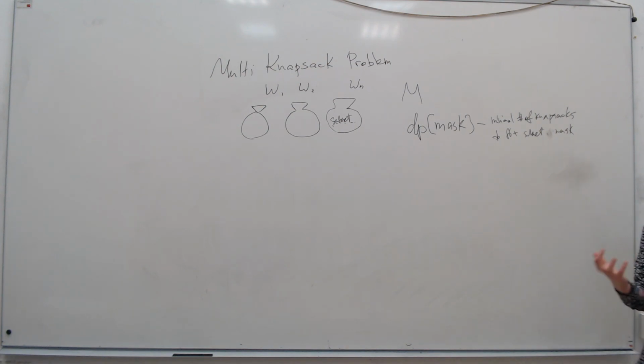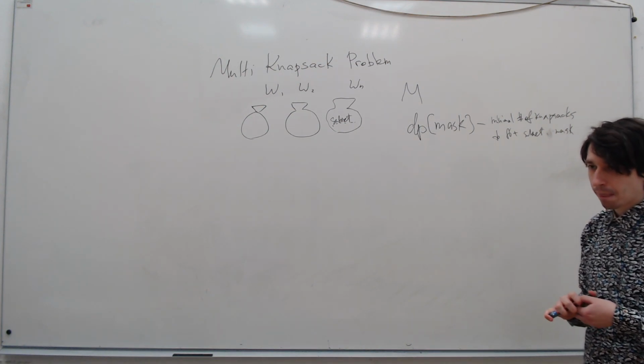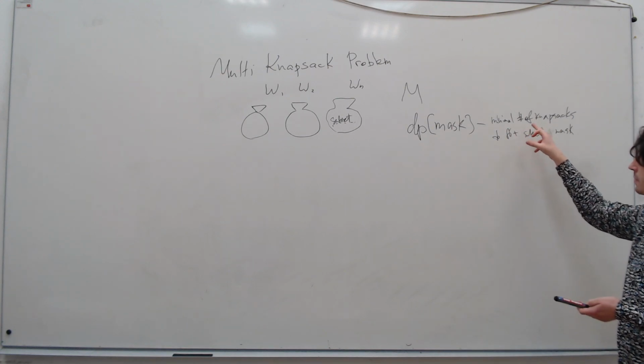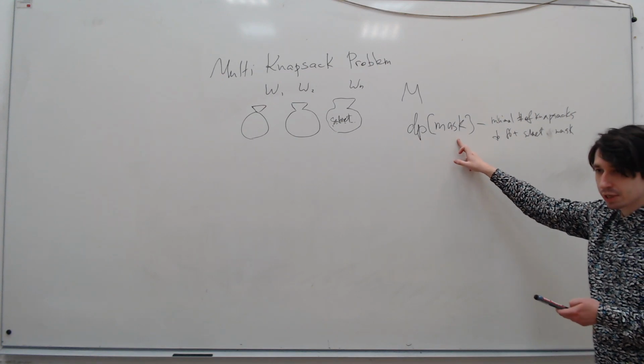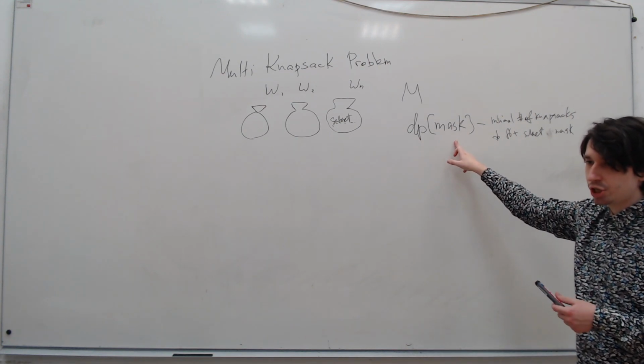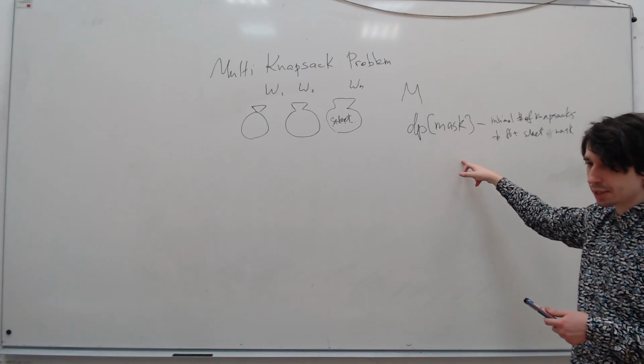So this will be our dynamic programming. dp of mask will be the minimal number of knapsacks that we need to fit all the elements that correspond to this mask. Mask is just simply 0s and 1s.